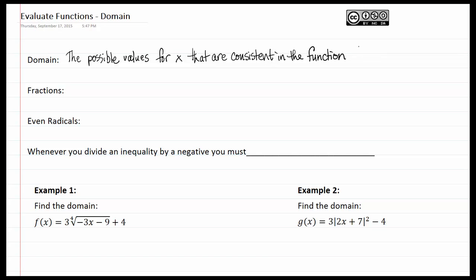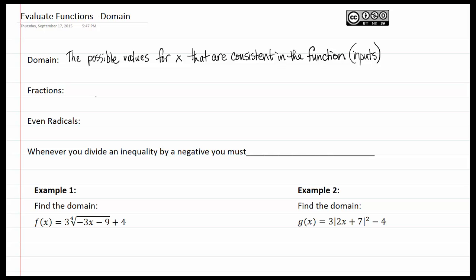These are our inputs. So there are a few times when you can cause problems with different values for x, and we're going to talk about what those different situations would be.